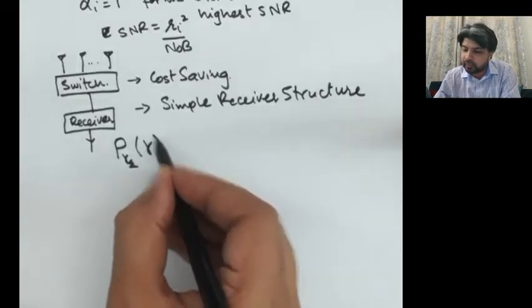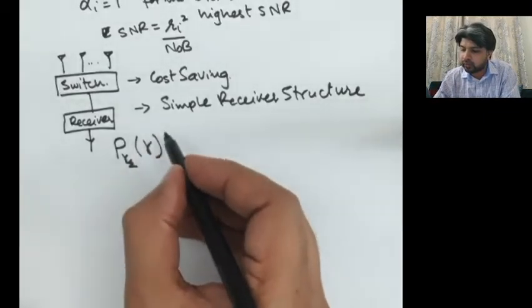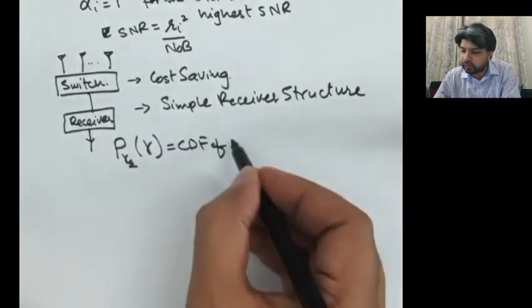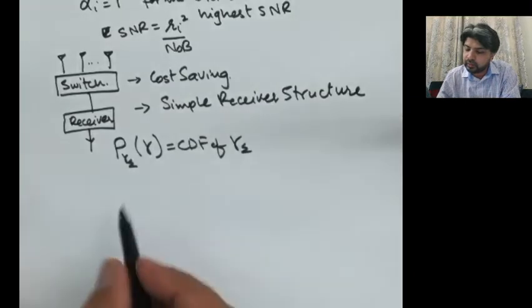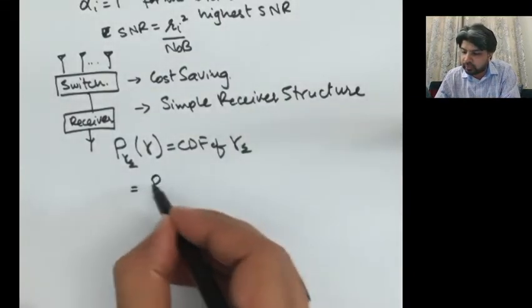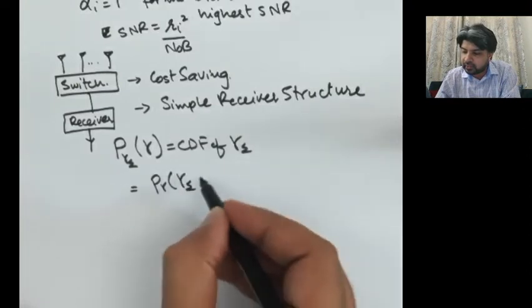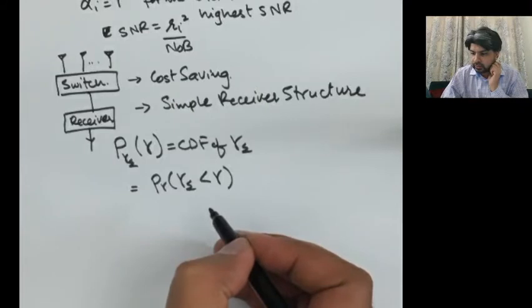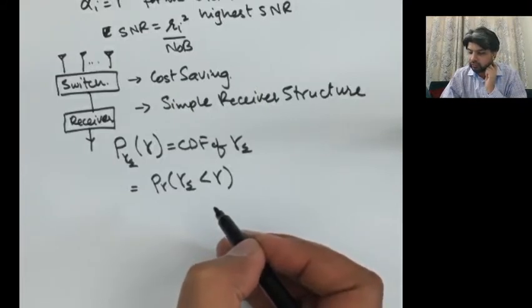So P gamma sigma of gamma, in other words, is the cumulative distribution function of gamma sigma. That would be equal to the probability that gamma sigma is less than gamma. That is how your CDF is defined.